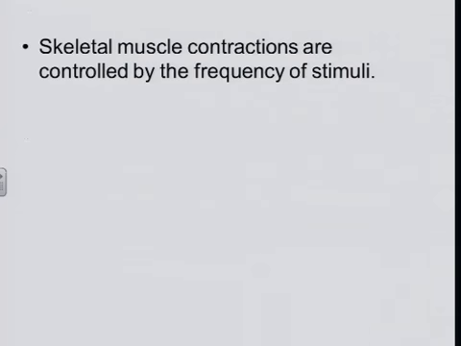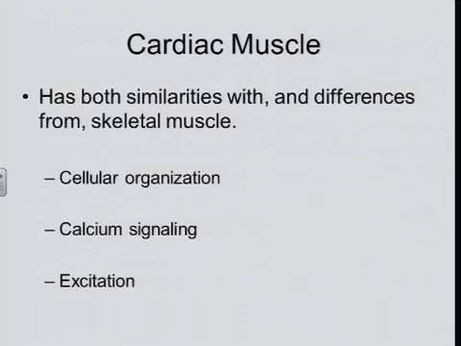So skeletal muscle contractions are voluntary, so they're recruited by stimuli. And the way those stimuli work is that they control tension by the rate at which you stimulate them. So the more stimulation, the more you have. Now this is all by itself here on the slide. The reason is that the other muscle types don't work like this. So this is one of the things that's unique about skeletal muscle that you need to know.